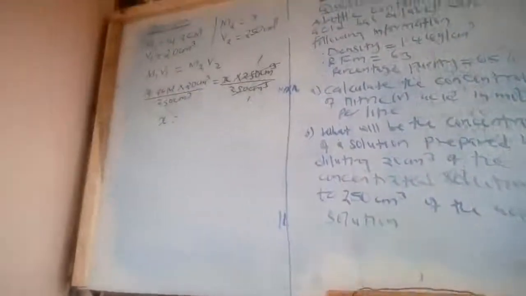You are supposed to calculate the number of moles, or in other words, the molarity, the concentration of the solution prepared by diluting 20 cubic centimeters of the concentrated solution, as is well illustrated in the question.